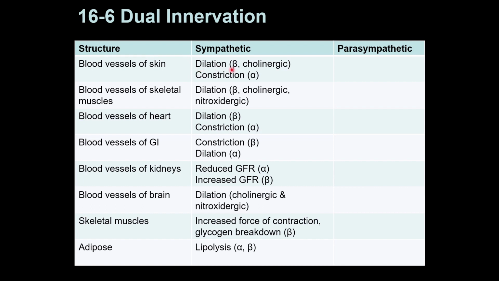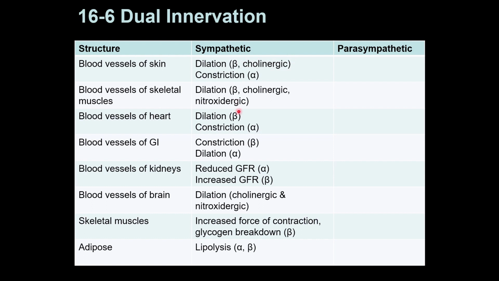For dilation, you need the beta receptors and also cholinergic, which is responding to acetylcholine. And for constriction it is alpha receptors, which again respond, similar to the beta, to adrenaline, but one is causing dilation, the other one is causing constriction. This is the majority of the vessels in the body. So alpha cause constriction, beta cause dilation, cholinergic also cause dilation.